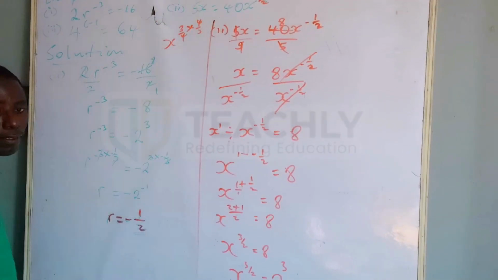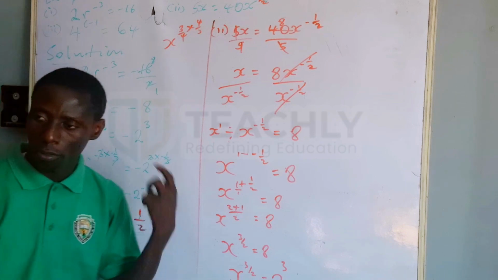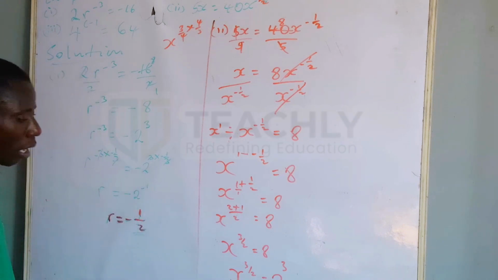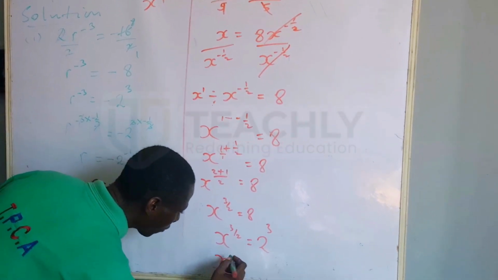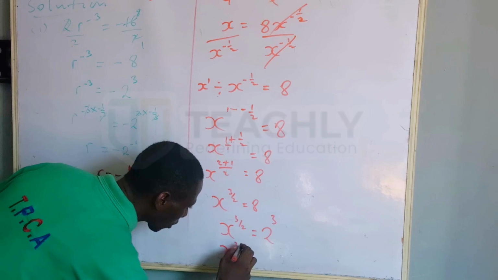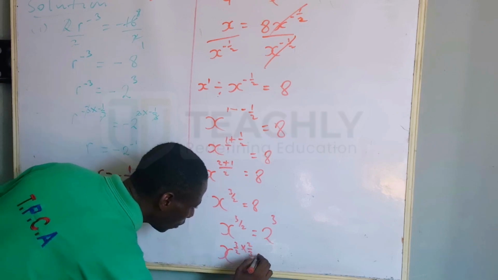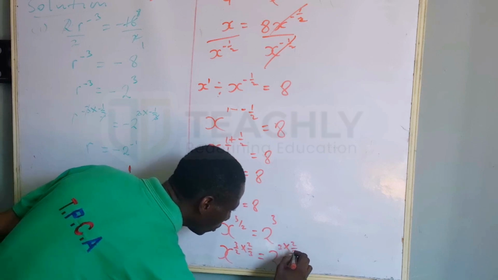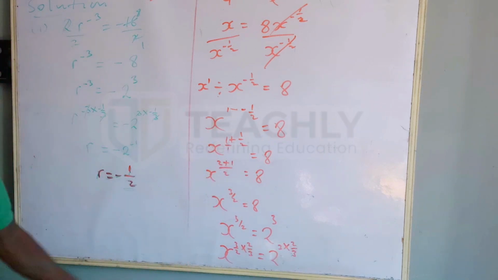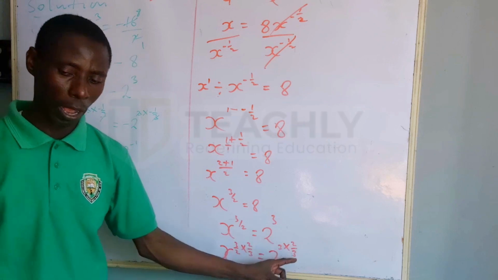You just invert the fraction to cancel it. So I'll multiply one side by 2 over 3, so we have 3/2 times 2/3 equals 3 times 2/3. In mathematics, whatever you use to multiply one side, you must apply to the other side.